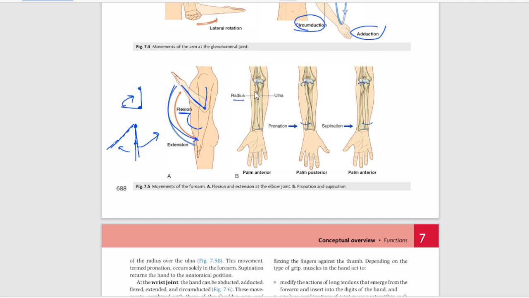Now, the radius bone is on the thumb side, and the ulna bone is on the little finger side. Now supination and pronation.